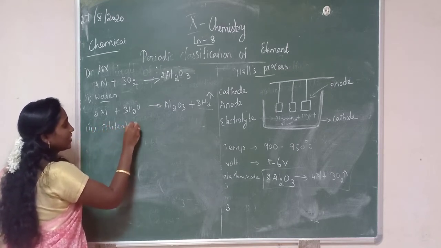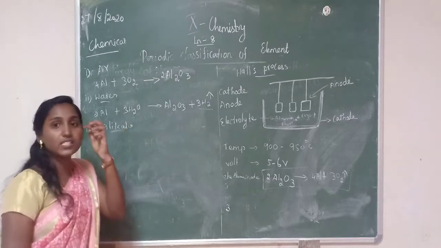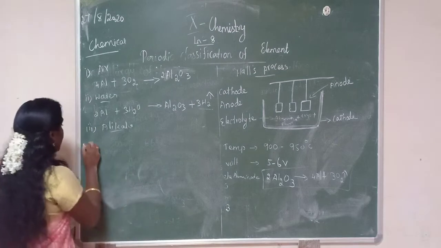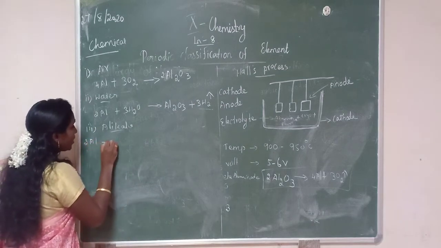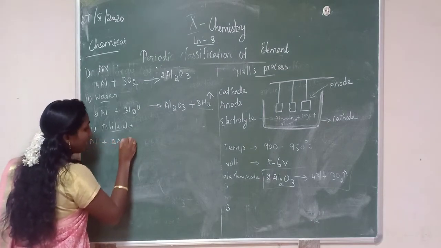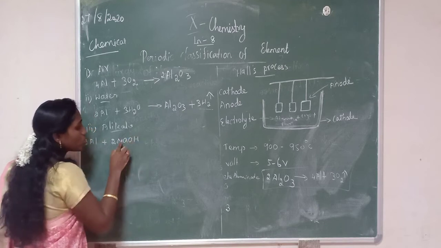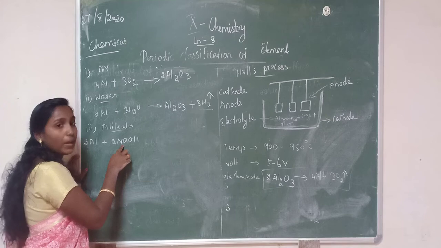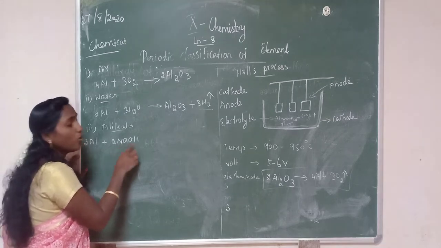Alkalis means reacting with caustic soda, that means sodium hydroxide, formula NaOH.